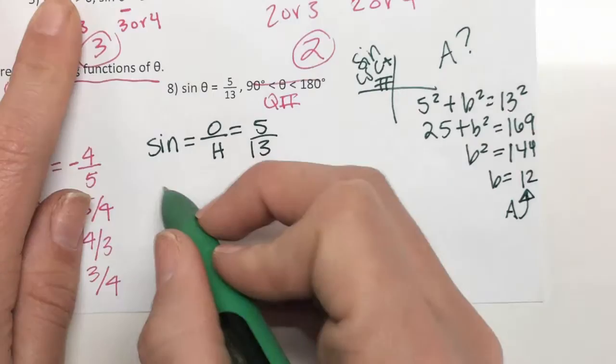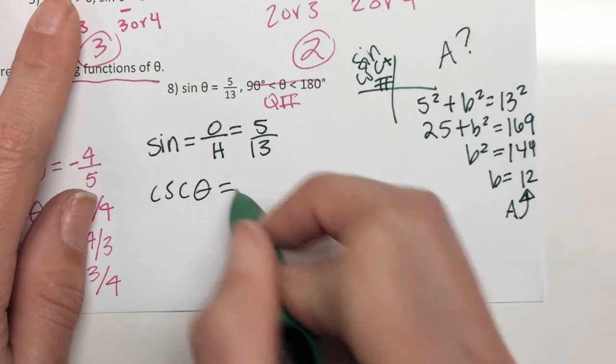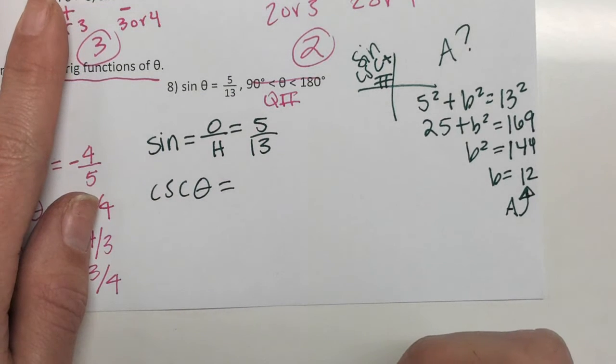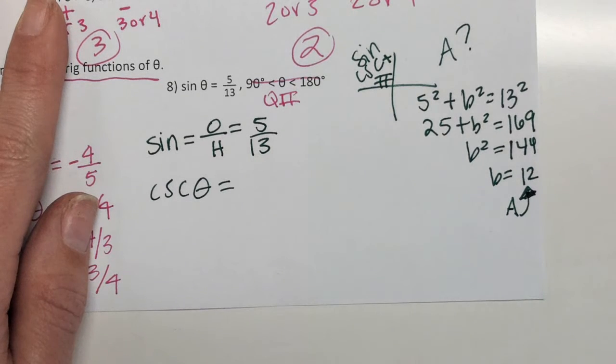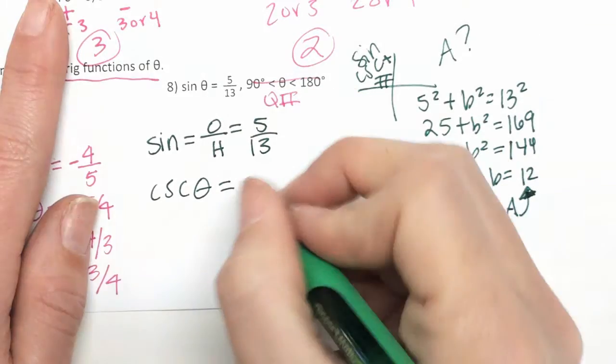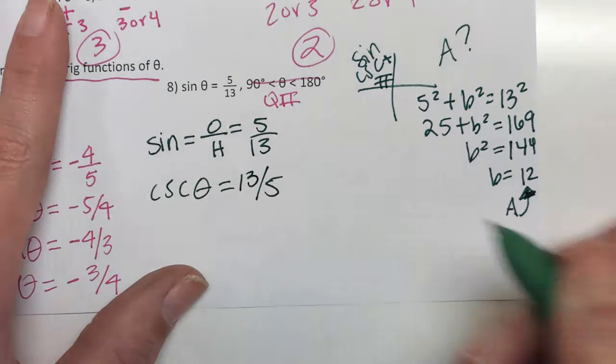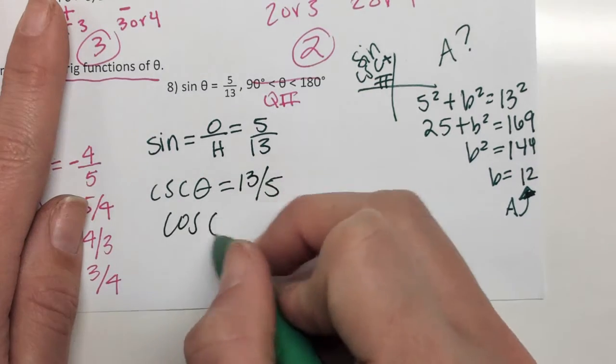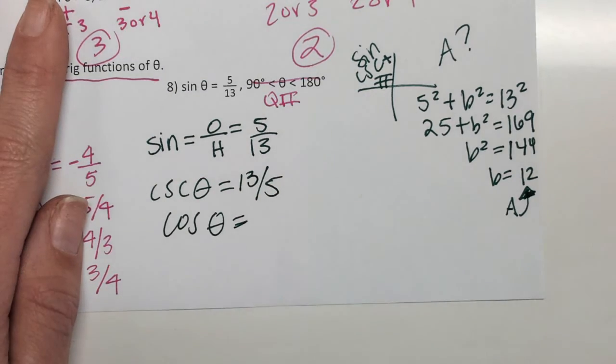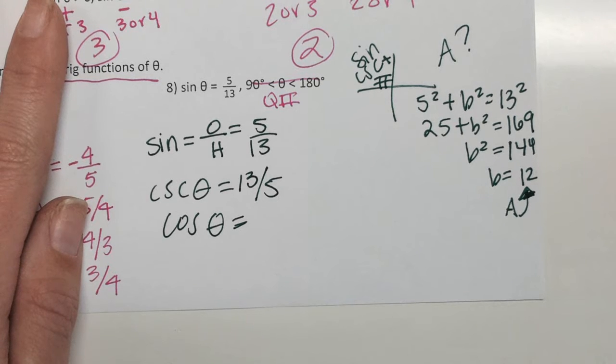Cosecant is sine's boyfriend. So cosecant theta is going to be what? Good, because all you do is flop sine. Cosine would be what? Close.